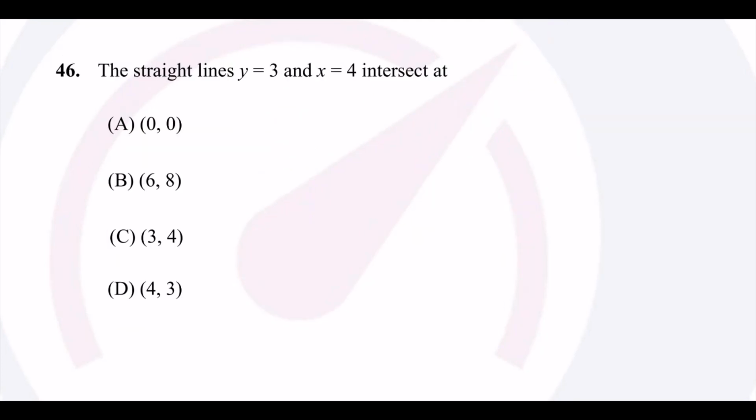Alright, question 46. The straight lines y equals 3 and x equals 4 intersect at. Now this question is tricky. We know that, let's draw, this is my x, so we know that this is our y.